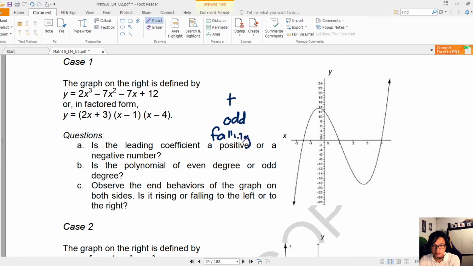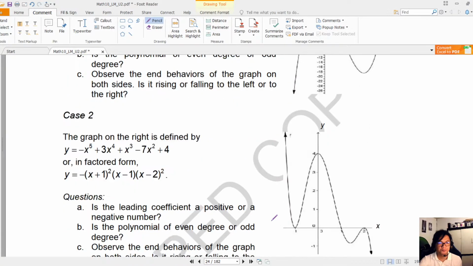Yan yung description ng ating graph. Falling, rising. So tandaan nyo, pag positive yung leading coefficient, odd yung degree, the possible sketch of the graph is falling, rising. Falling sa left, rising sa right.